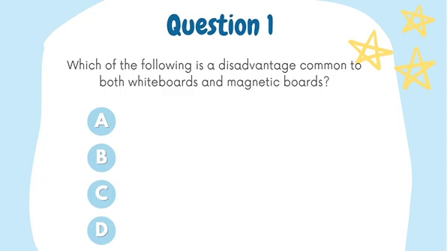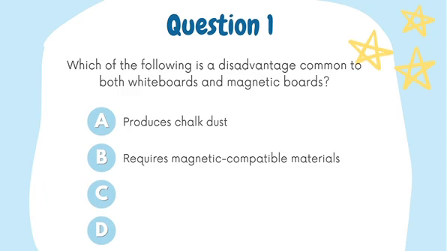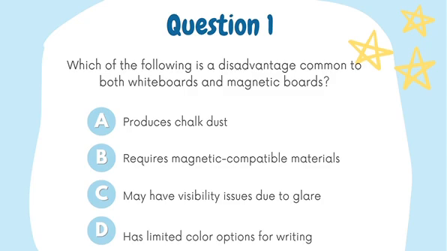Question 1. Which of the following is a disadvantage common to both whiteboards and magnetic boards? I will give you 3 seconds to find the answer, and I will show you the correct answer. Both produce chalk dust, require magnetic compatible materials, may have visibility issues due to glare, has limited color options for writing.